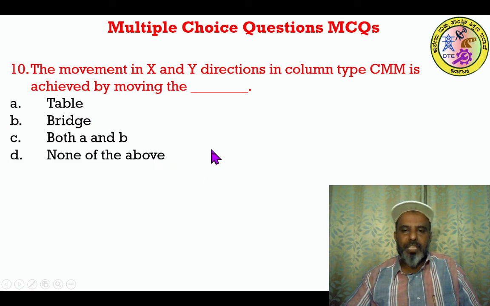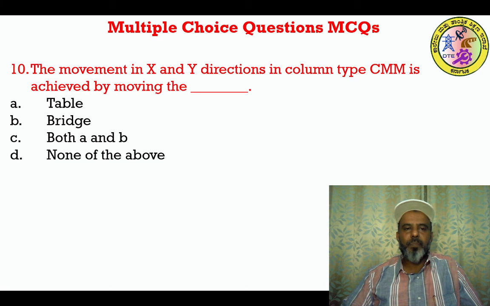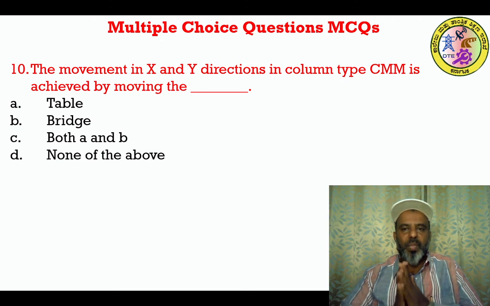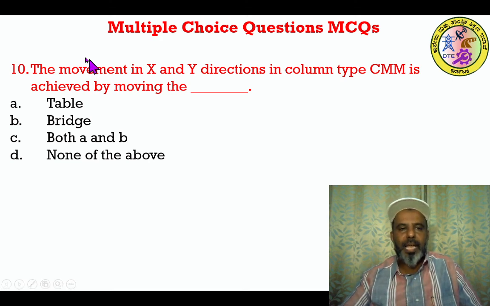You start guessing and answer it. If you are not knowing the answer, just wait for 15 seconds. Yes, the answer is coming. The answer is A, that is the table.